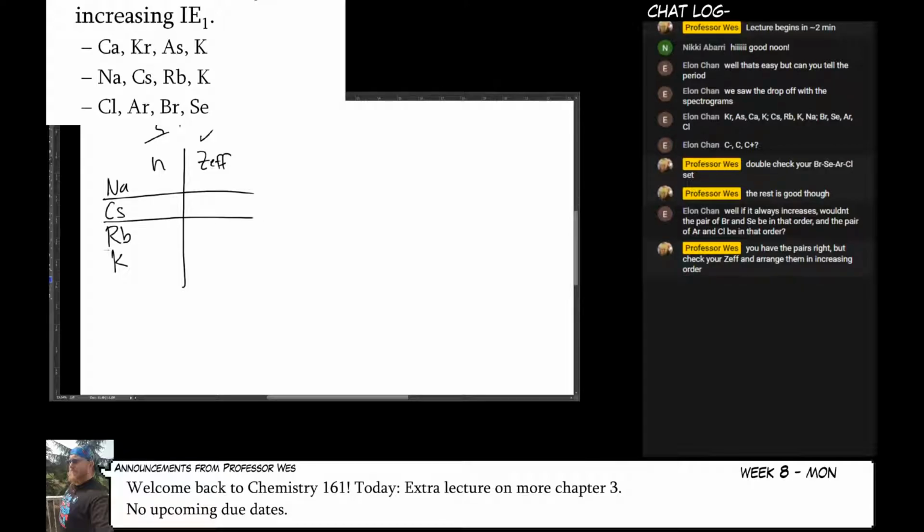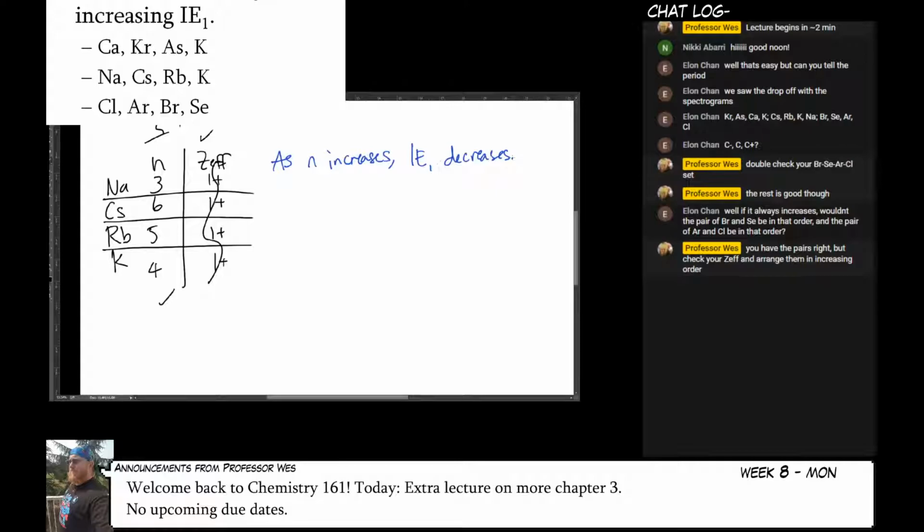And for these, I'm going to do the obvious thing first. They're all in the same column, so we don't care about Z effective. But if I look at their period number, sodium is in period 3, and then potassium, rubidium, cesium. So these differ, so we'll care about those, because as N increases, ionization energy decreases.